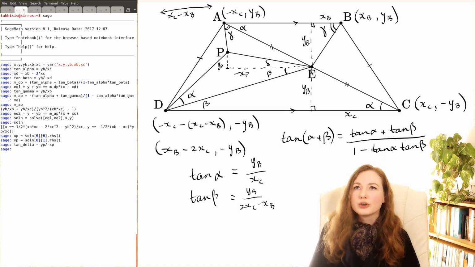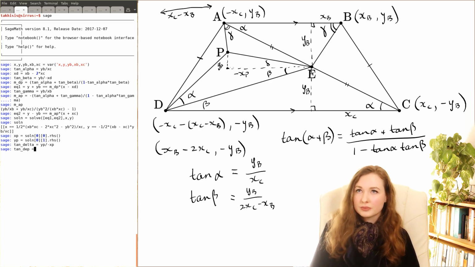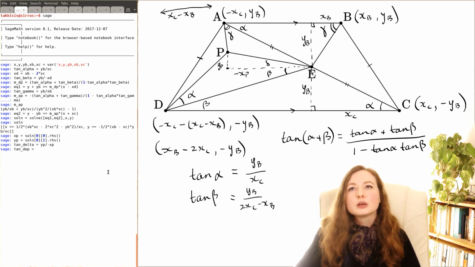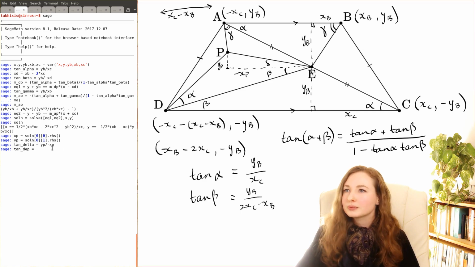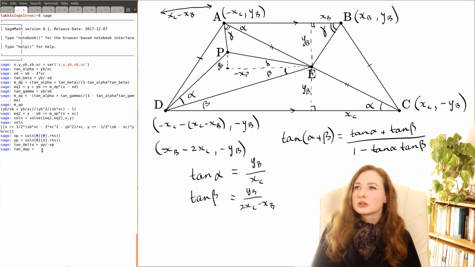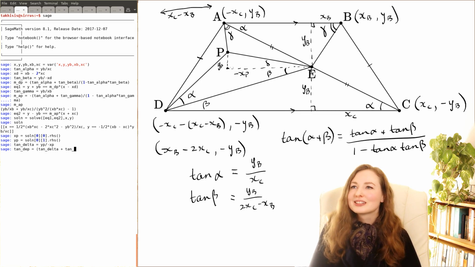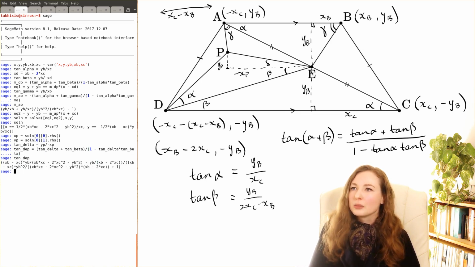And then we can define tan of angle DEP, just this formula again with delta and beta. So that is going to be tan delta plus tan beta on 1 minus tan delta times tan beta. Okay, let's see what that makes.